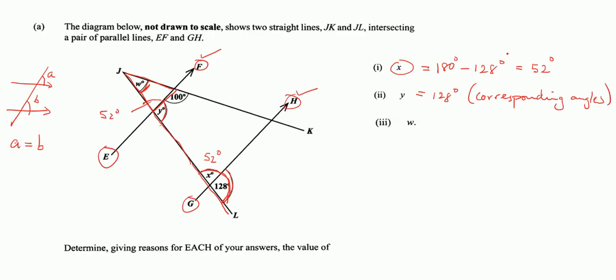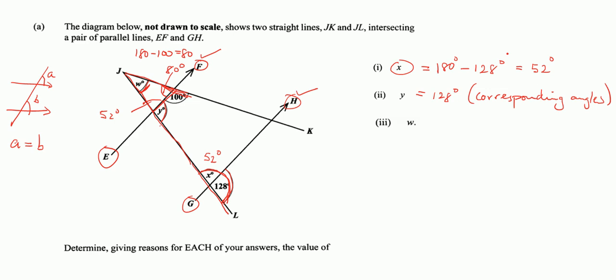And we need to find this angle here first. So this is a straight line here. So to get this angle, this will be 180 minus 100, which will be equal to 80. So this angle here is 80 degrees.